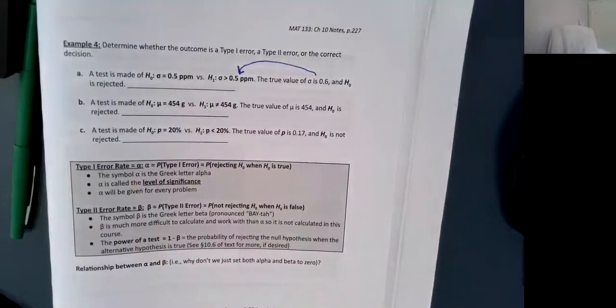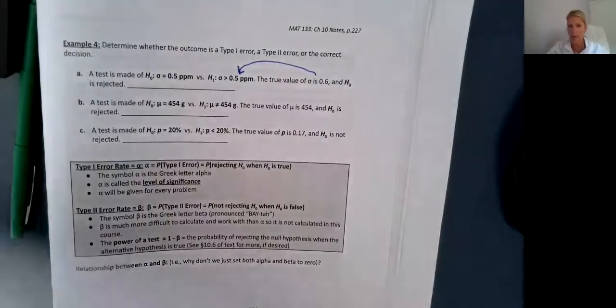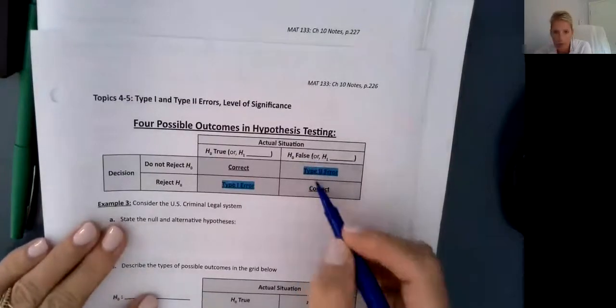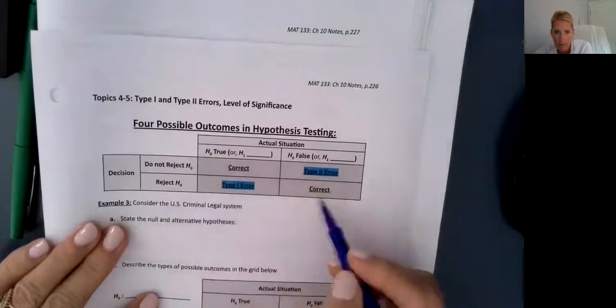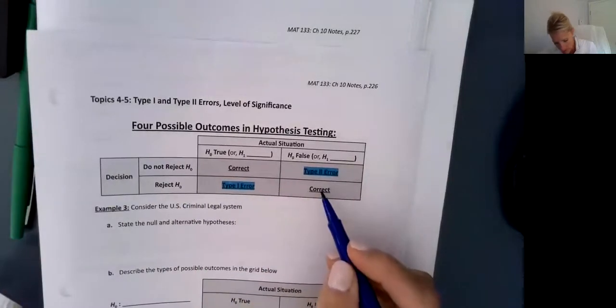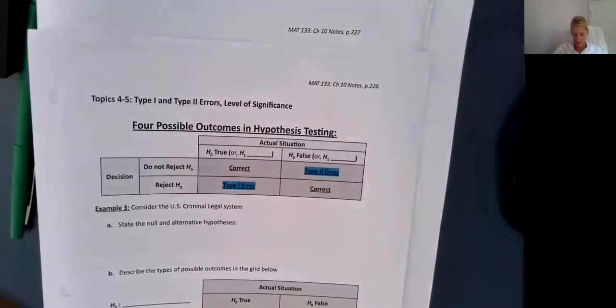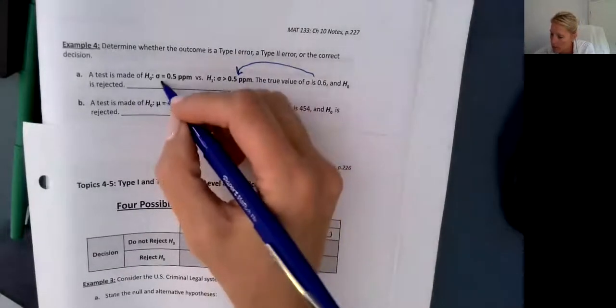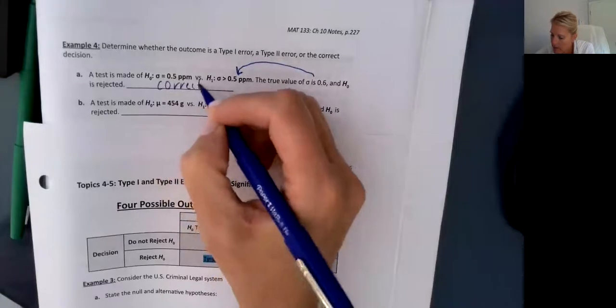So let's go to our table. It agreed with H1, and it was rejected, so that's a correct decision.